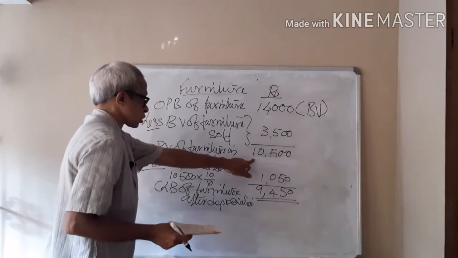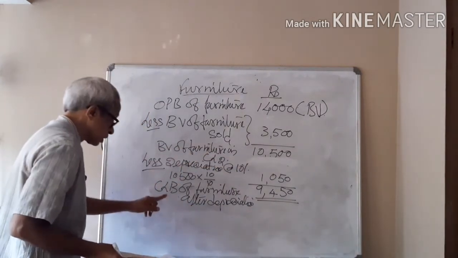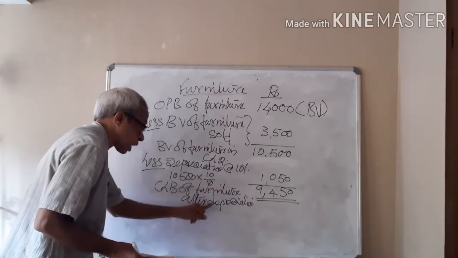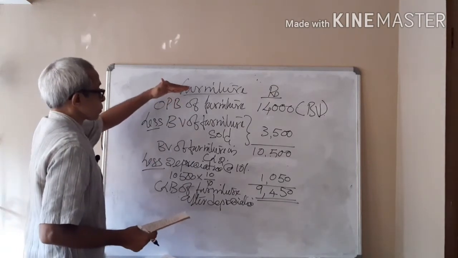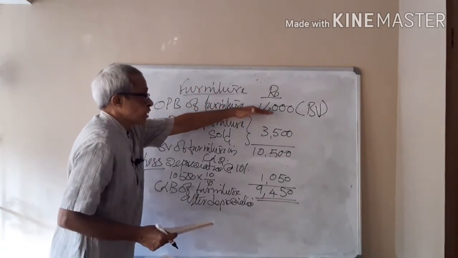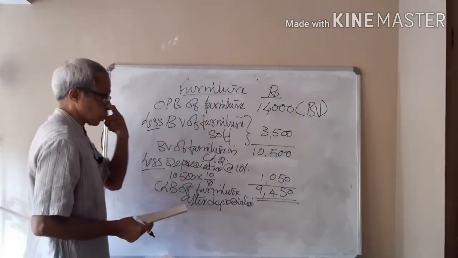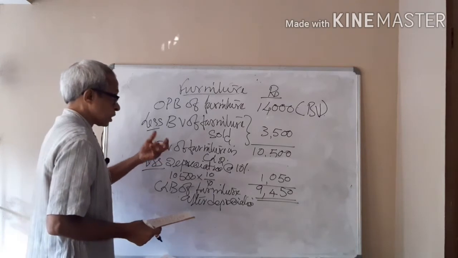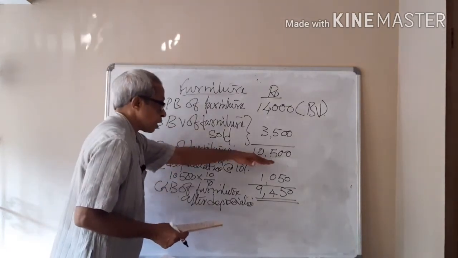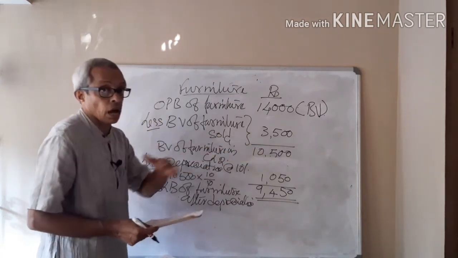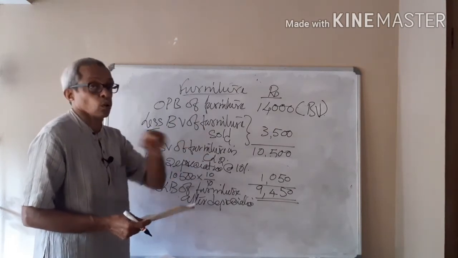This figure is the closing balance of furniture before depreciation, and this is the closing balance of furniture after depreciation. From the opening balance of furniture, we deducted the book value of furniture sold, that is 3,500, and we are instructed to charge depreciation at 10% on the closing balance.